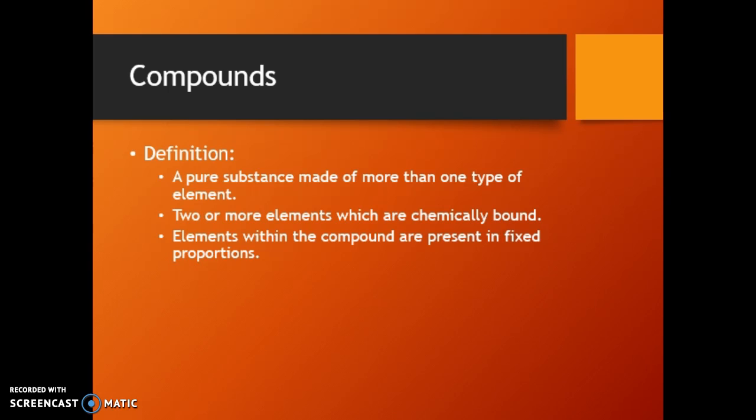They're always present in a fixed proportion. In other words, you always have the same amount to make a specific compound. Just like your name has the same letters in it, you can only spell it with the correct number of letters. These compounds can only be created with the correct number of elements present.